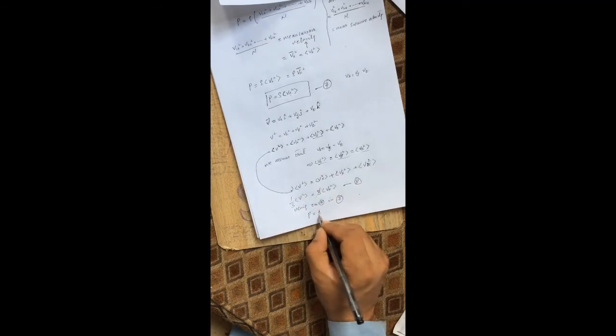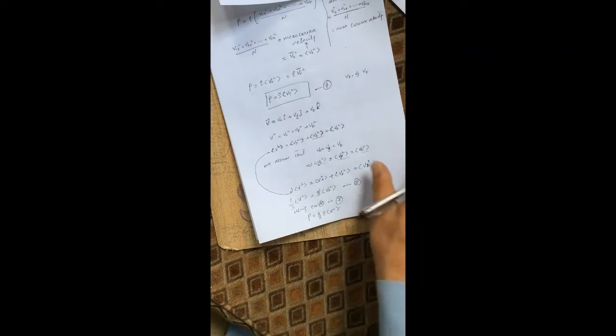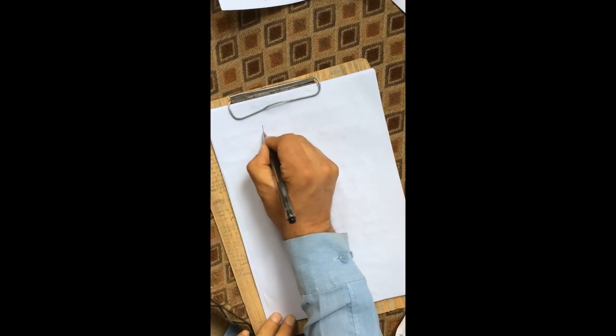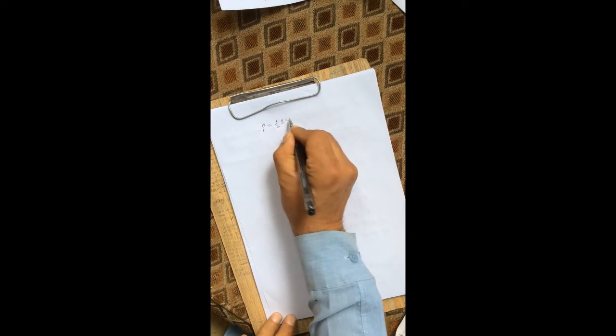So we have 1 over 3 rho into V square. This is the final result: pressure is equal to 1 over 3 rho into V square.